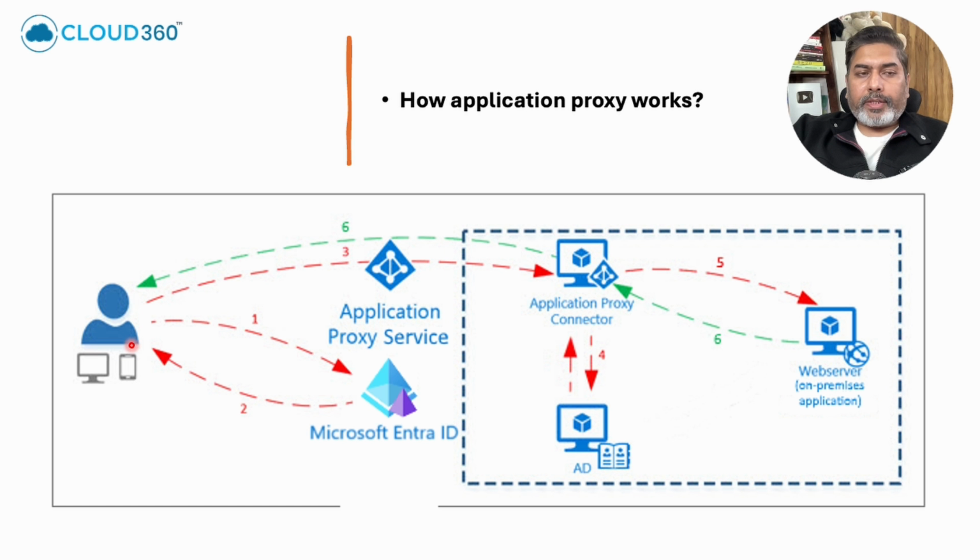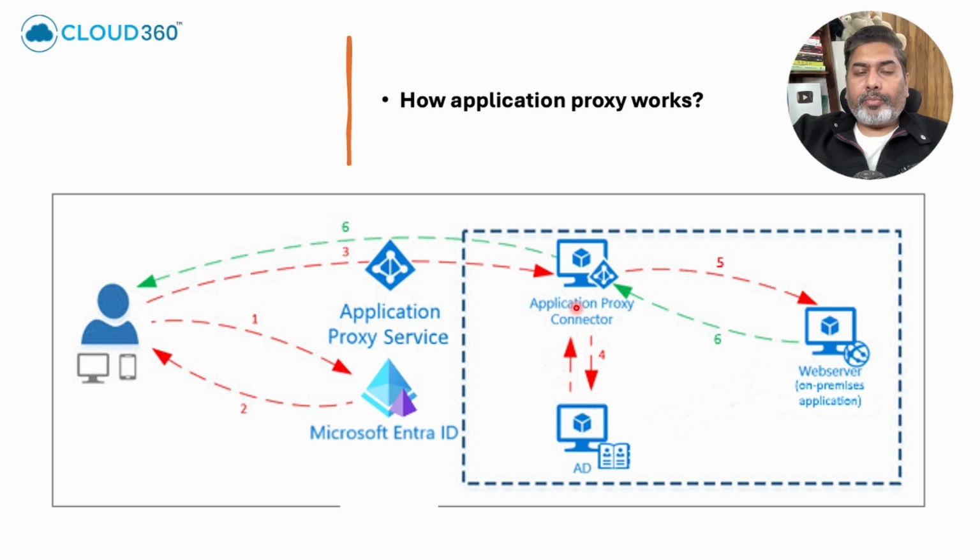So the token which you receive on a device, the device can send that to the application proxy. Now this application proxy will collect the user principal name and service principal name from the token that has been provided and send that information to the application proxy connector. So in the third step, user information got collected and forwarded to the proxy connector.